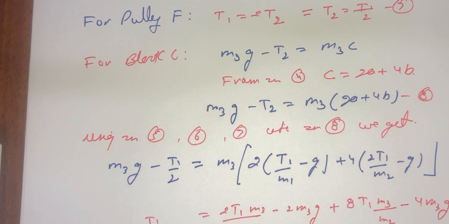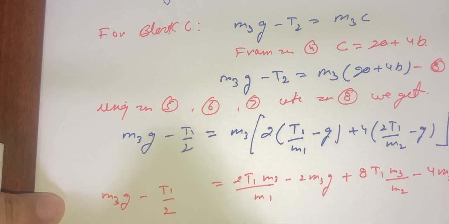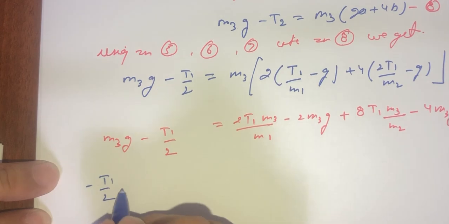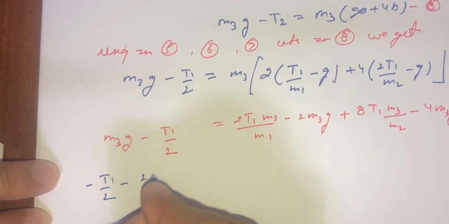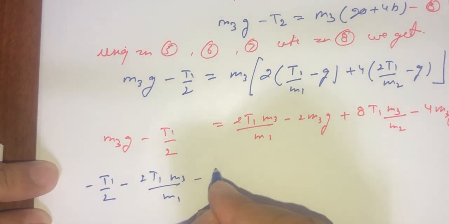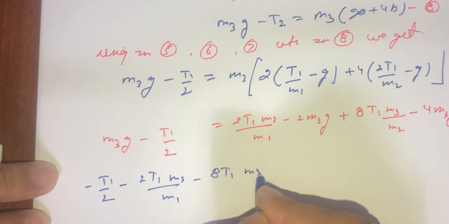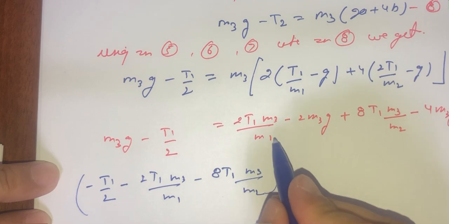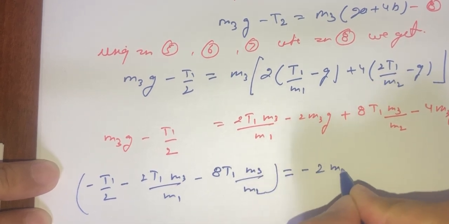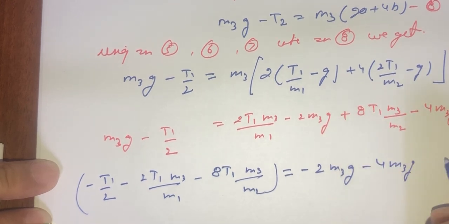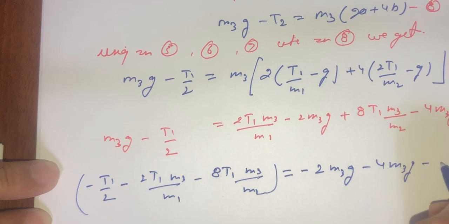Now shifting all the T1 to one side and rest to the other side, we get this as minus T1 by 2 minus 2 T1 m3 by m1, and this is minus 8 T1 m3 by m2 is equal to minus 2 m3 g minus 4 m3 g, and from here it will be minus m3 g.